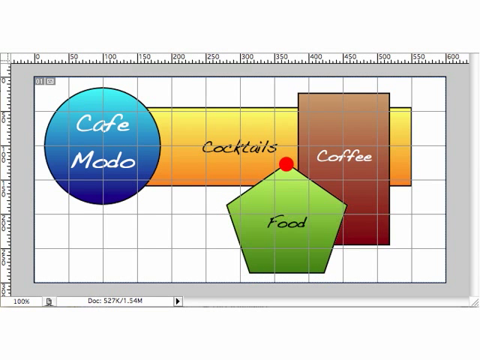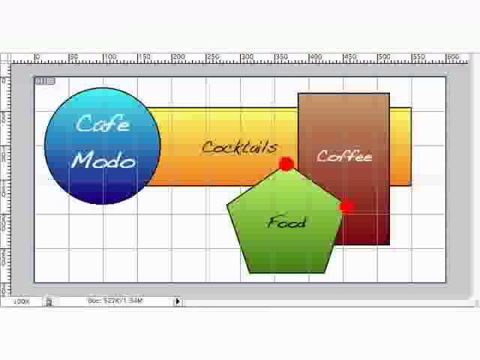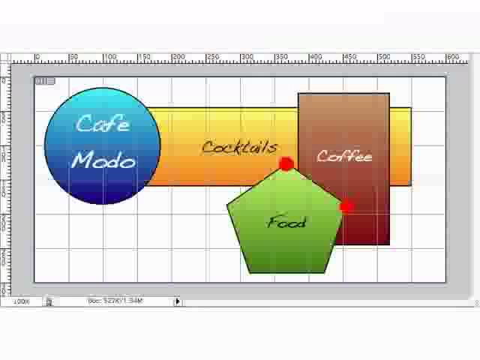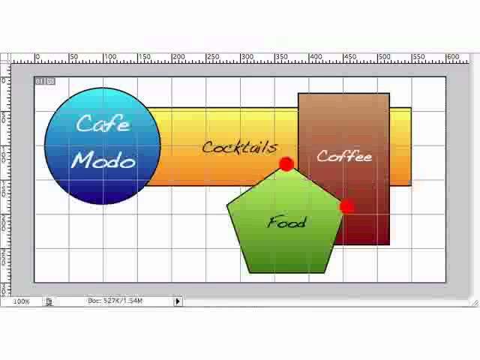Now we can start with any one of those points, but once we start, we're going to work clockwise around the area shape. The first point here is 370 pixels over and 130 pixels down. The second point is 455 pixels over from the left and 185 pixels down from the top edge of the image.